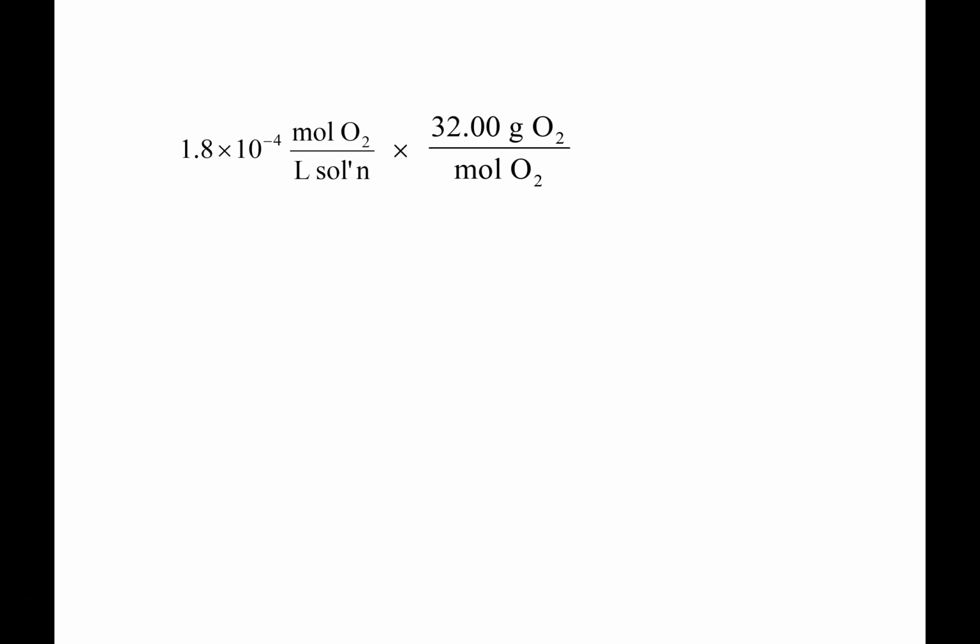So we use 32.00 grams per 1 mole, so units of moles cancel. And we're after milligrams per liter. So what's one more term we can put in order to get from grams to milligrams? Yep, 1,000 milligrams over 1 gram, exactly.